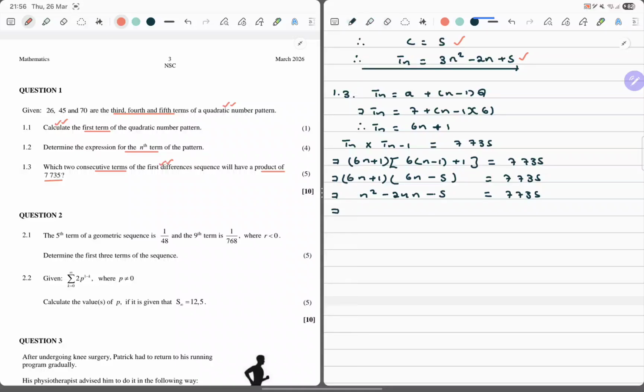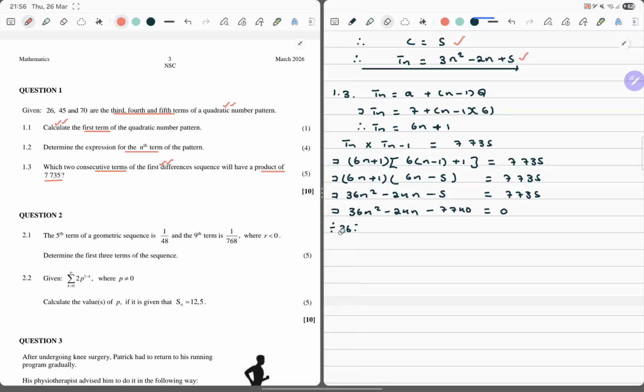This is not 3 but 36. Okay, 36n squared minus 24n minus, this becomes 7740, equal to 0. We can try and divide by 36 throughout. What do we get?